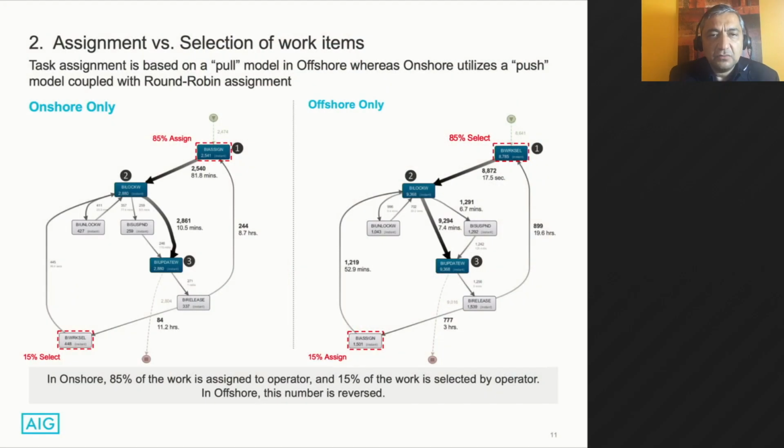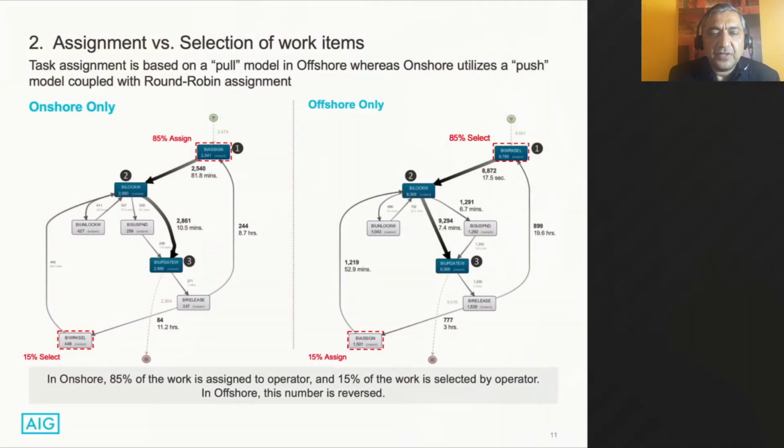The next example I want to touch on was how work is being assigned and processed. One of the things we found is that the onshore team was using a push model. I misspoke earlier.